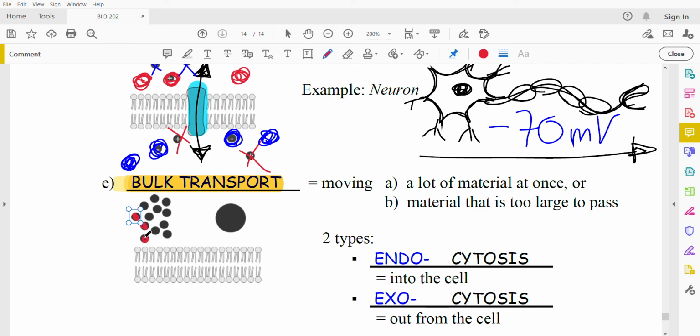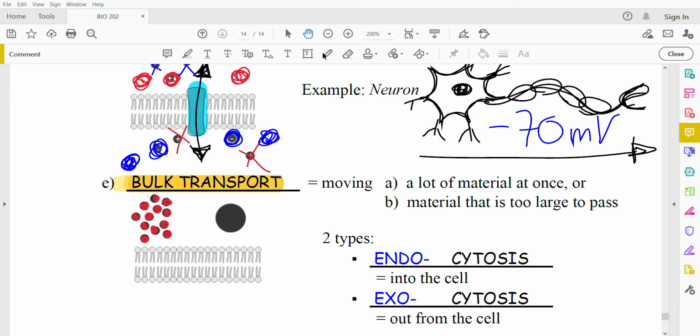We have a huge amount of these, and we want to move them across this membrane all at once. For them to sneak through the plasma membrane just passively would take way too long. We want to make this move much, much quicker. So we are going to do active transport. We are going to spend energy, and we're going to move them all at once.